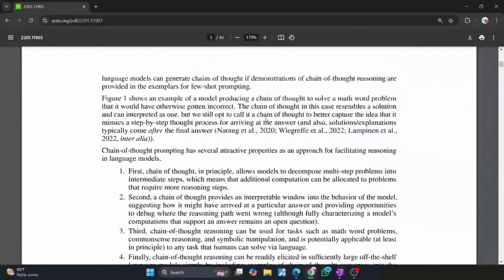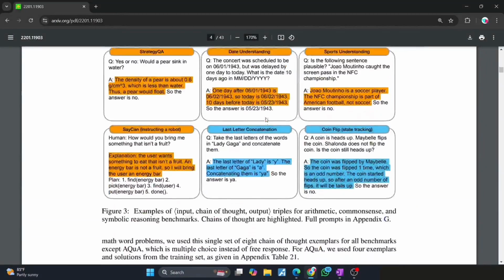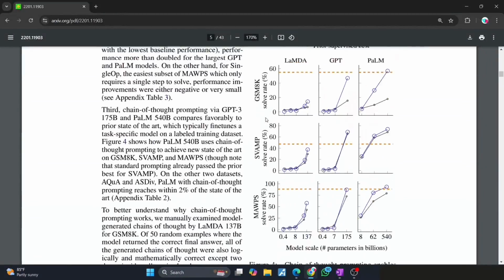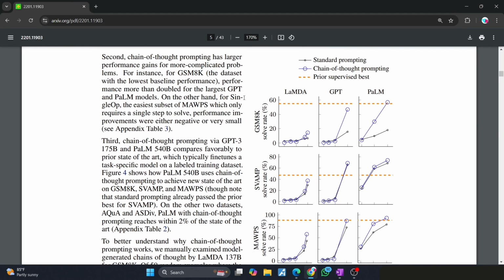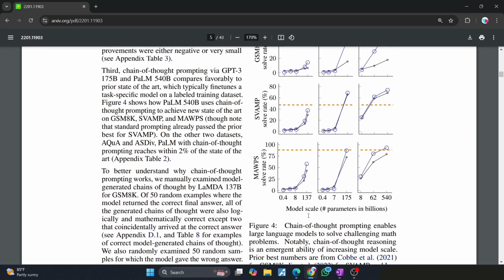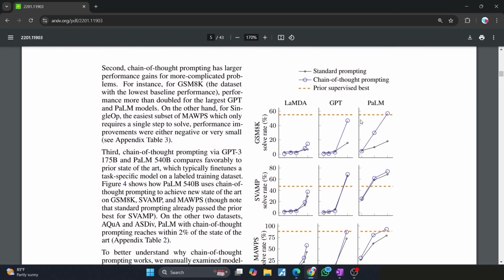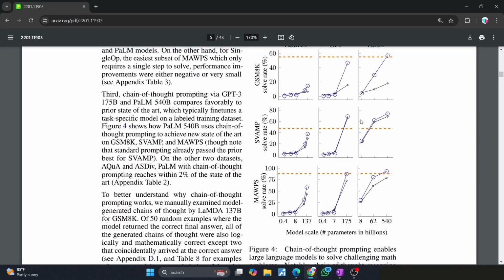And if we scroll down, the one that I told you, right, model scale, that would also be mentioned. This is the one. So you have graphs for standard prompting, which is the shot prompting, and then you have chain of thought. You'll see that for the bigger model scale, chain of thought usually works better, right?